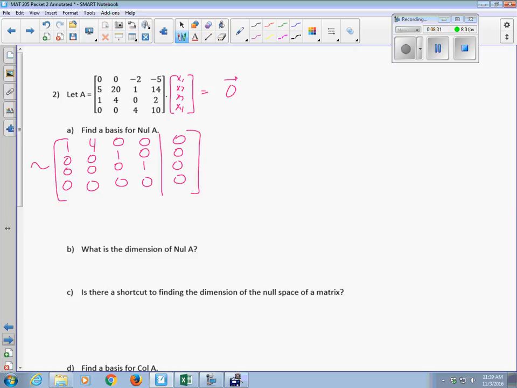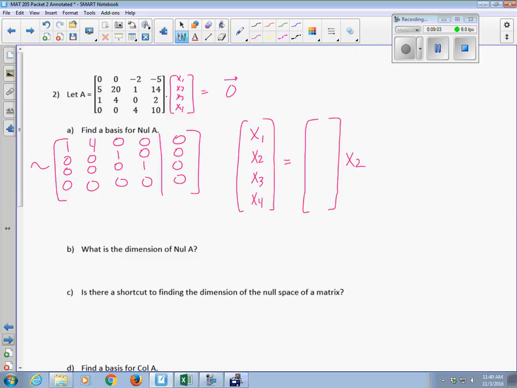All right, so if I want to write the solutions here in parametric vector form, my pivots are x1, x3, and x4. x2 is free. x2 is the only free variable. So if I'm going to write out my solutions, I have x1, x2, x3, x4. I want to write them in terms of my only free variable x2.